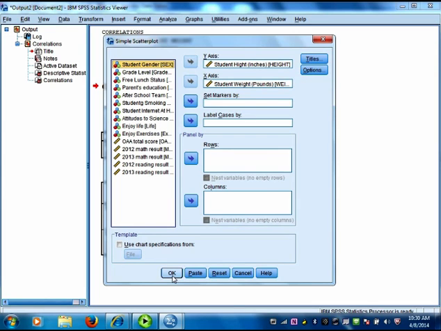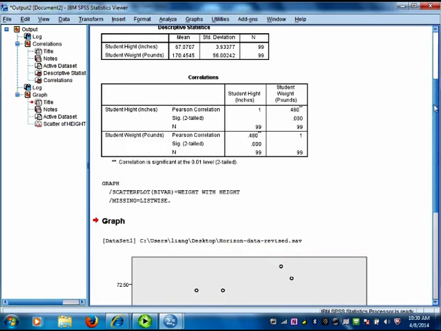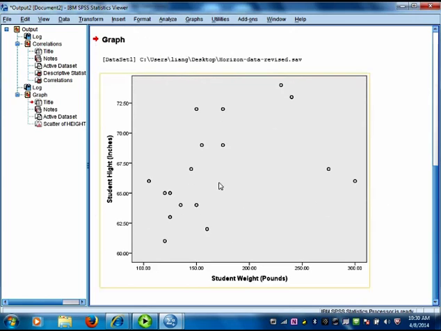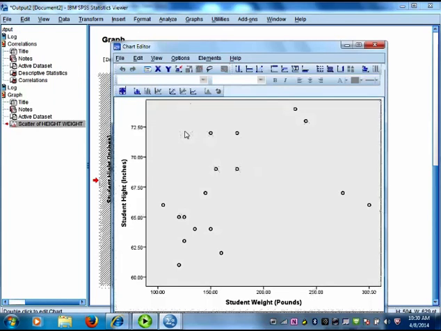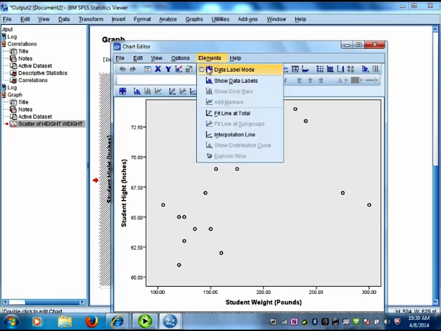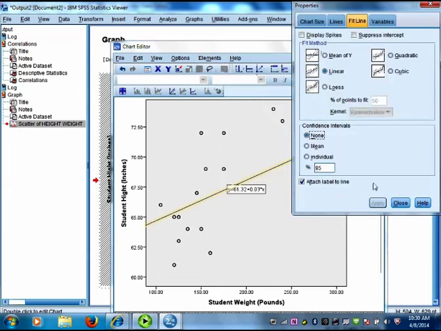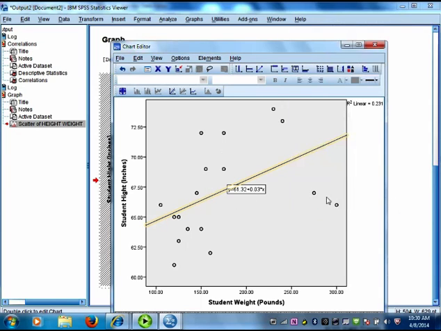So I can say okay, and you will have a scatter plot like this. If you double click on that, there is a fit line here, or you can go to Elements and say that you want to show the fit line at total. You click on that and you have a line of fit there, with the equation.